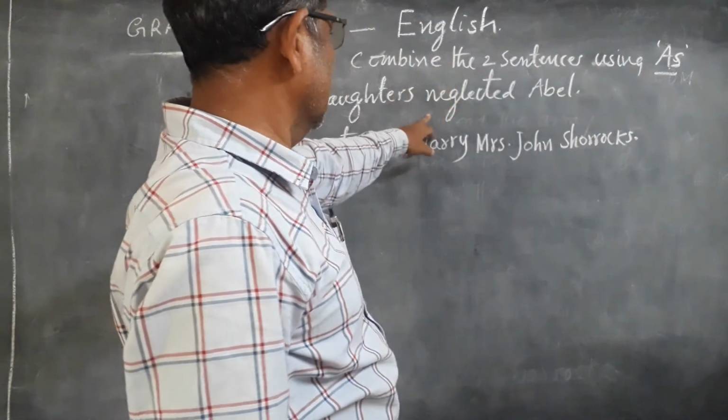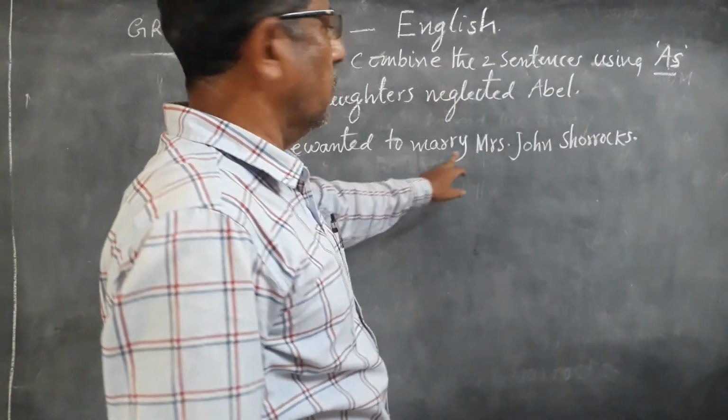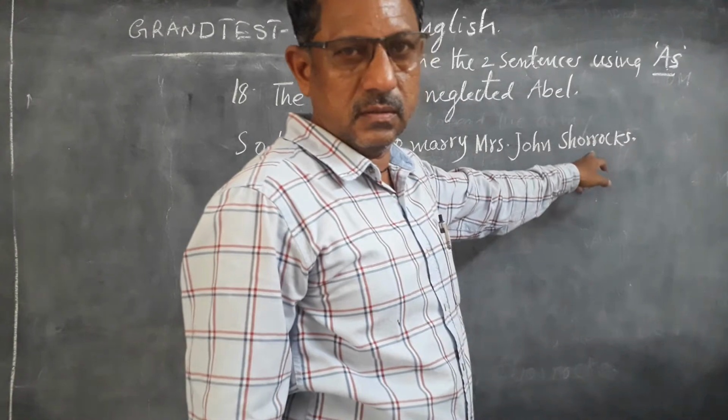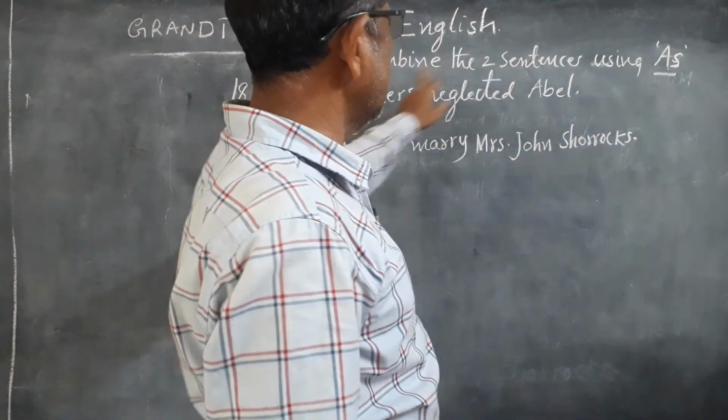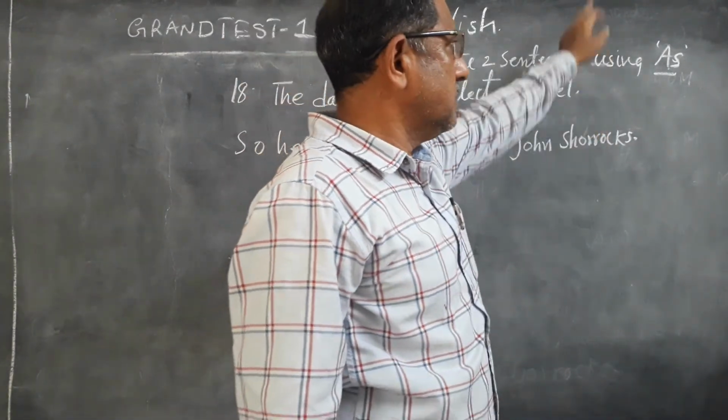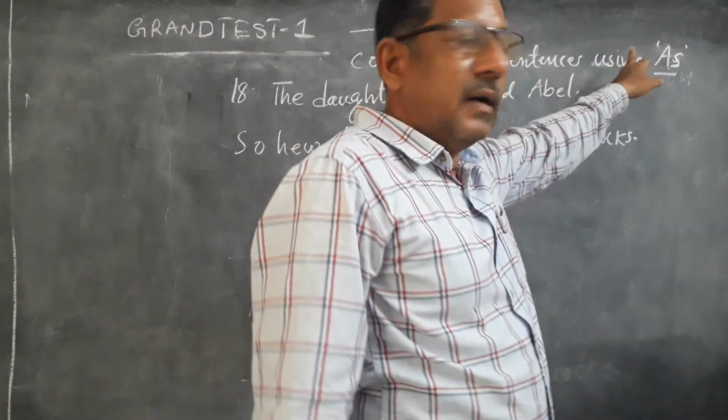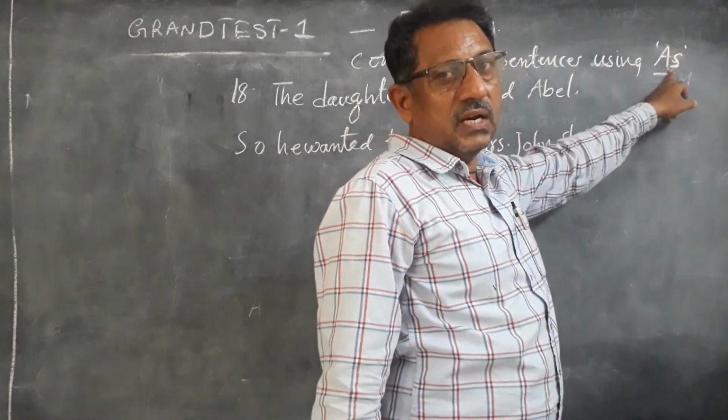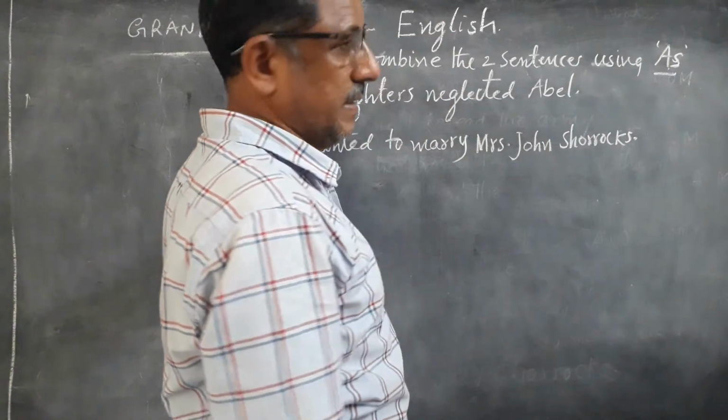Here, the reason. What is the reason? Why did he want to marry Mrs. John Sharrox? The reason is the daughters neglected Abel. So we have to add the conjunction before the first sentence.